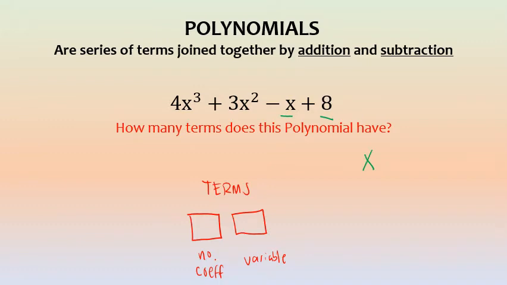Sabi natin, di ba, terms should have a coefficient and a variable. So x here, yung x natin class, no doubt it has a variable. X is a variable. But what is the coefficient or the numerical value of our x? Meron ba?